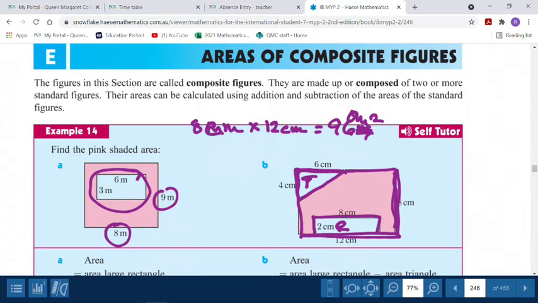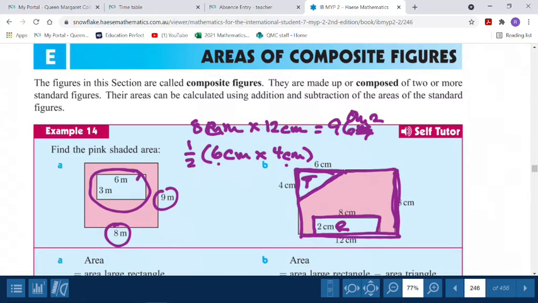Now I'm going to find this area of a triangle. That's 1/2 times 6 centimeters times 4 centimeters, because it's base times height. Because it's a triangle. The formula for a triangle is 1/2 times base times height. Okay?